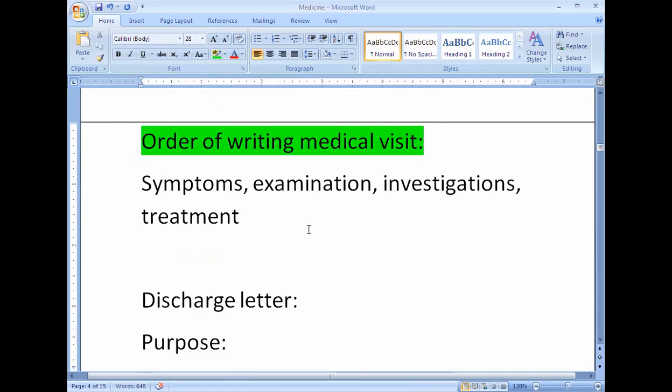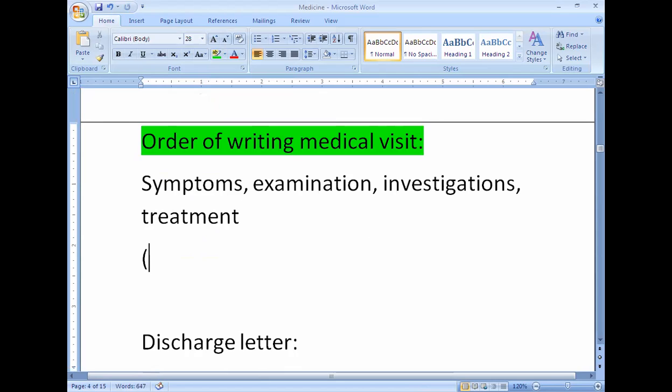For a patient who comes, in the case notes in OET, what the examiners will do is write some symptoms, and they will mix all things to test your knowledge. They will mix symptoms with examination, then randomly write investigations, and sometimes treatment. A little bit of mix, not a clear mix.